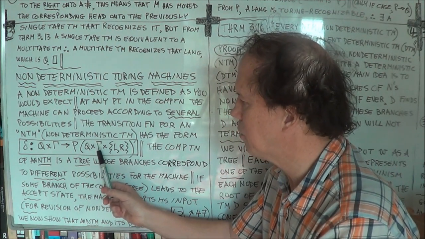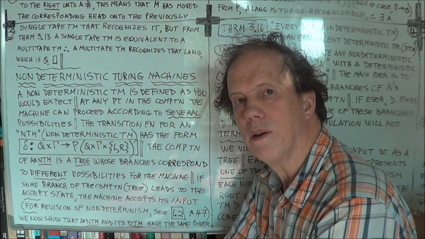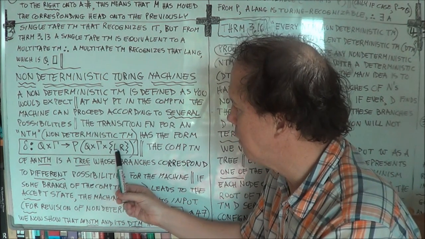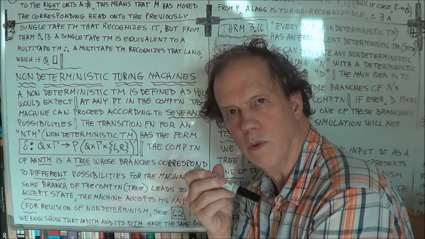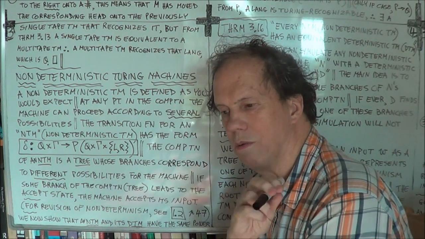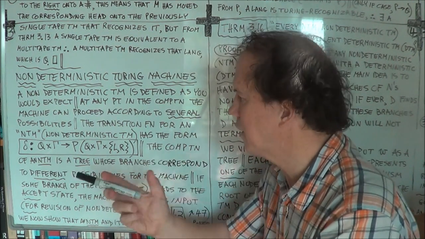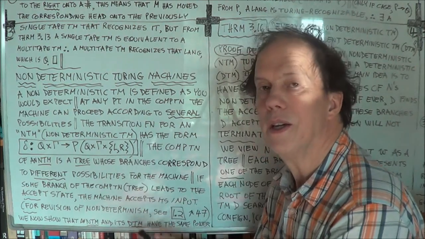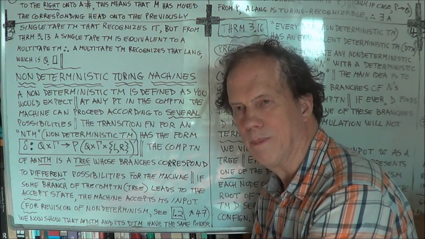You could have more than one next symbol that you write with the head, and you could have more than one possibility for the move. Like you could have it moving left, or you could have it moving right, something like that. Okay, so there are more possibilities for non-determinism, more choices, if you like, right?